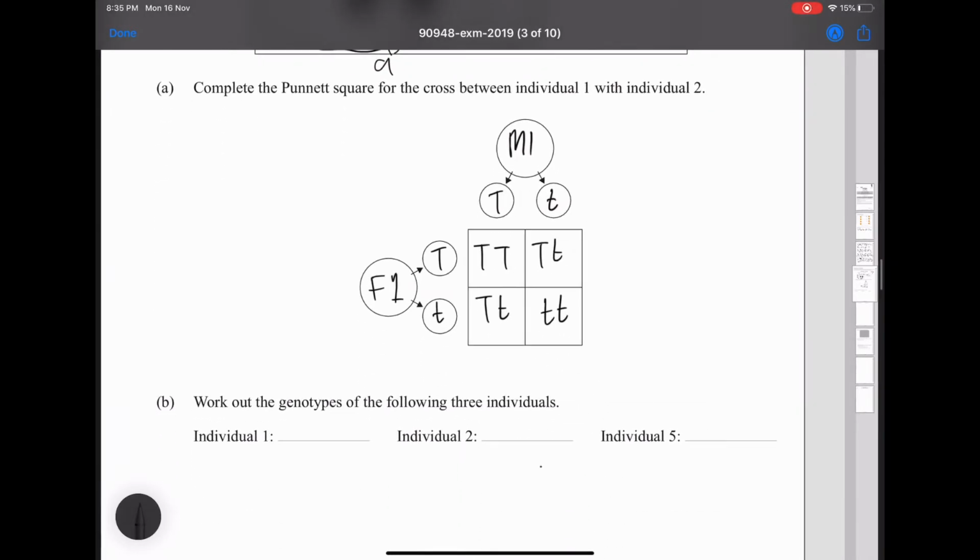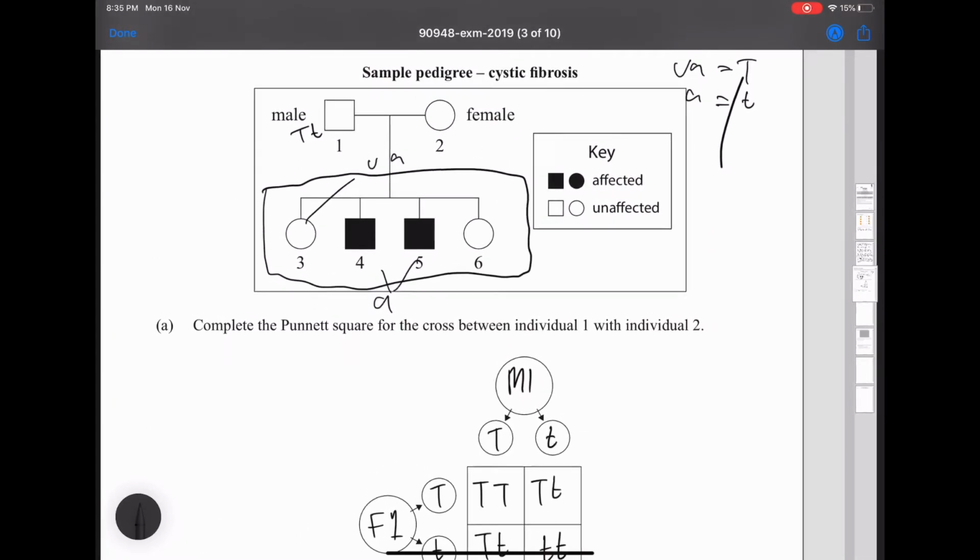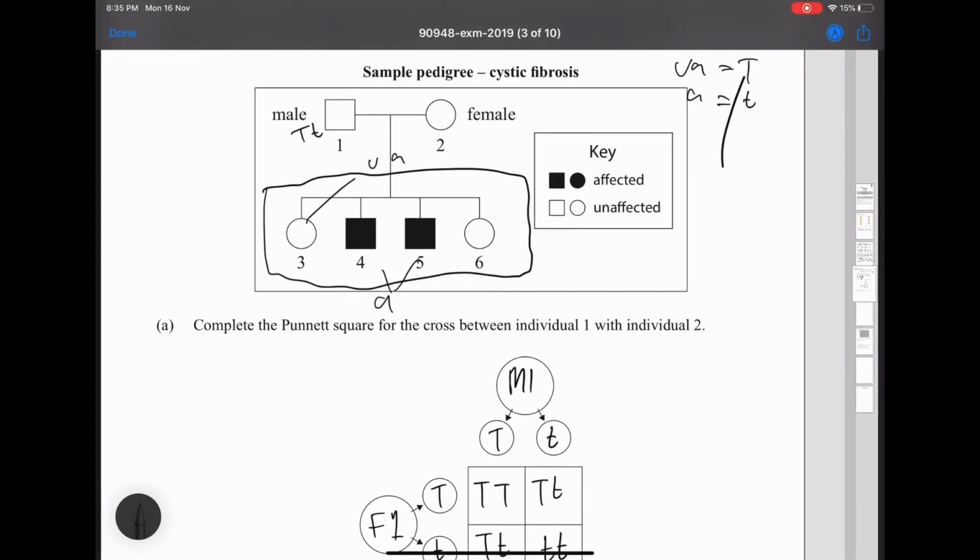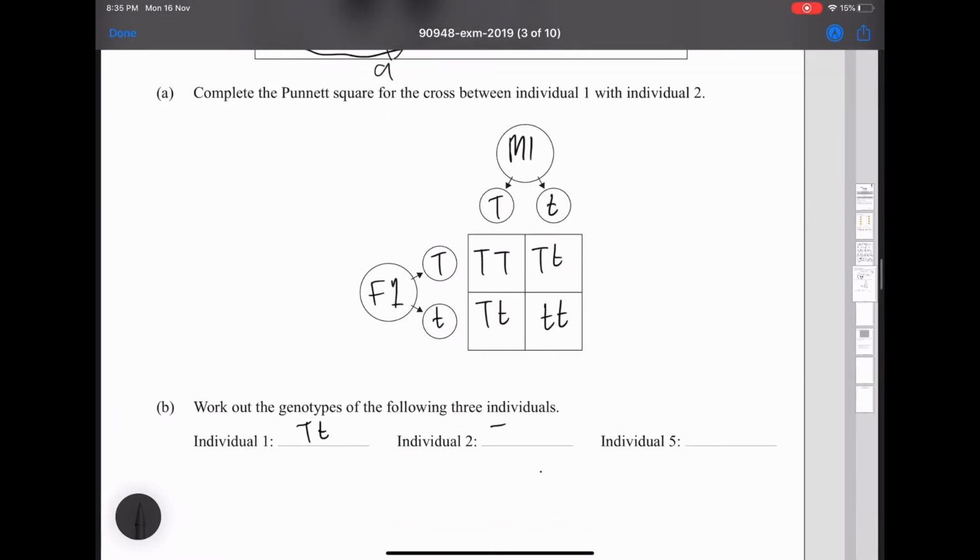So we can just write Tt. Individual 2 is the female, so this also carries the heterozygous allele. So we write Tt. So we know that both individual 1 and 2 are heterozygous.